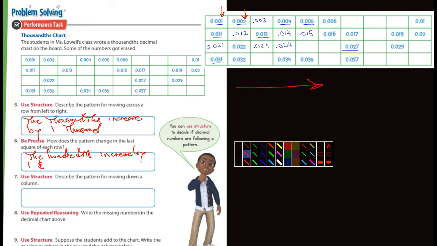And the thousandths, they're not shown. Look at that. It's not there. The thousandths is 3 decimals, or 3 places from the decimal. The thousandths are not shown.